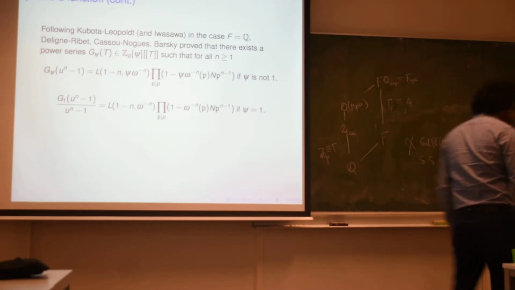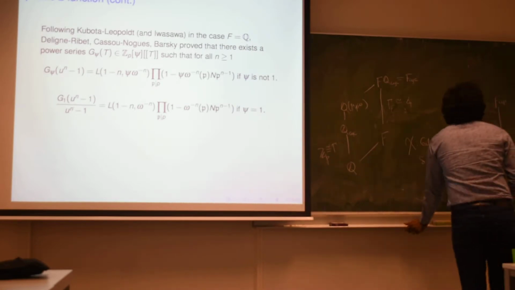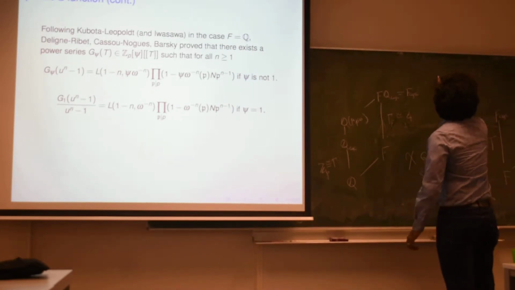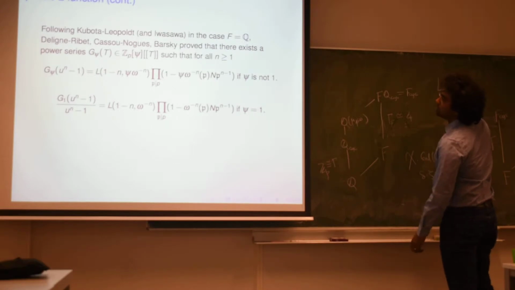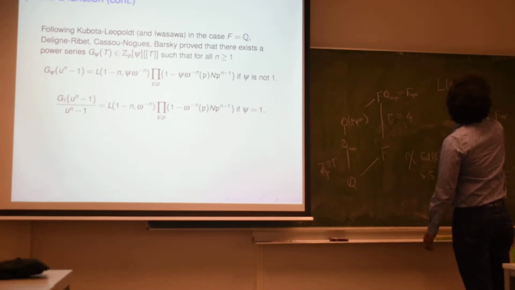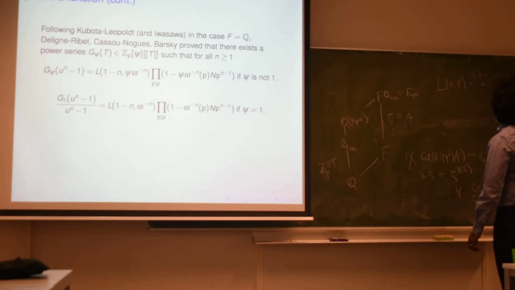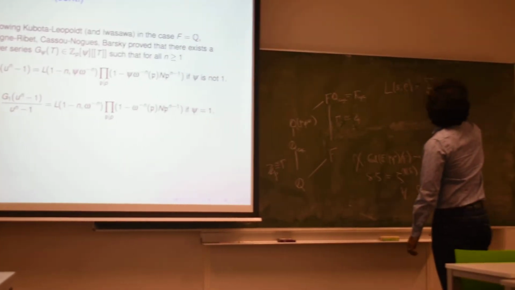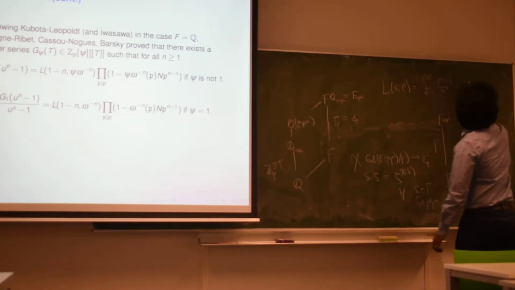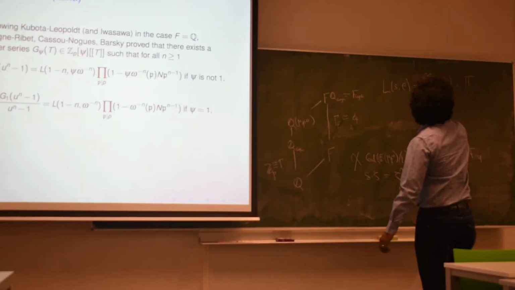So the L function L(s, rho) for any character rho is just the sum of rho of A over the norm of A to the s. So now I am over F, right?